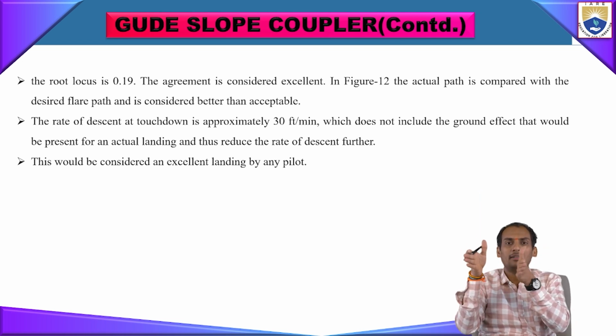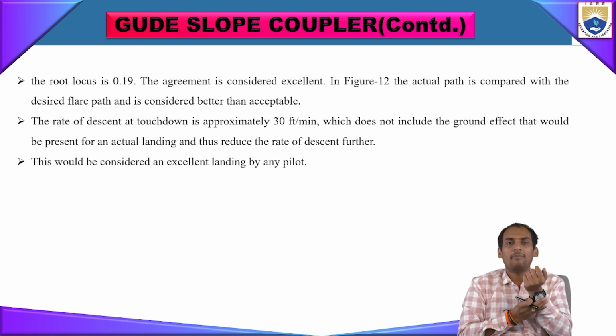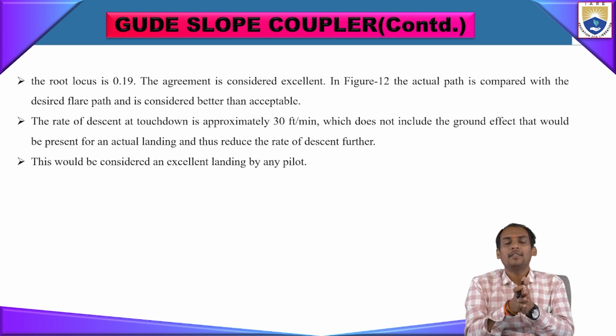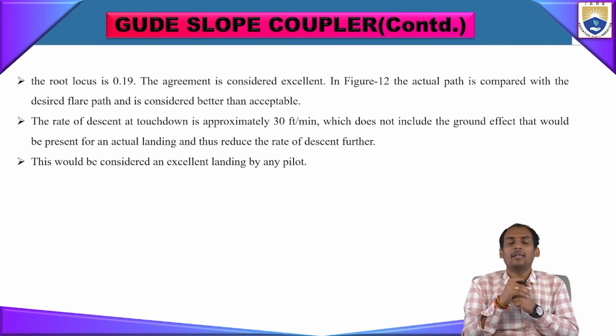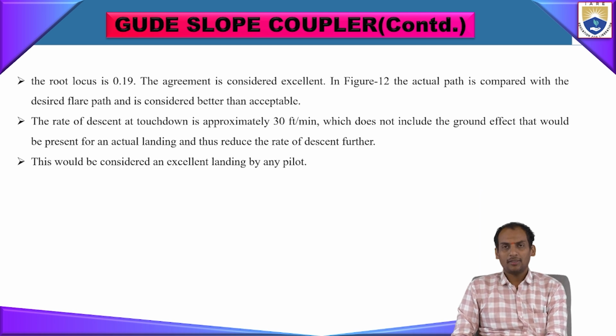If it goes beyond that limit, there will be a disturbed landing. To maintain that, an automatic control system needs to control the aircraft. Then only will it be in a stable condition, so this automatic flare control system and glide slope control system are installed in the autopilot system. So this is all about the glide slope coupler.